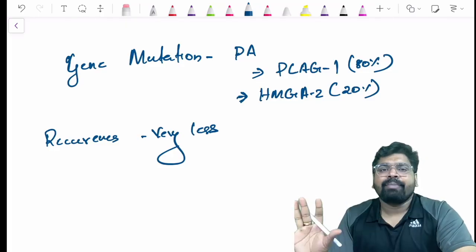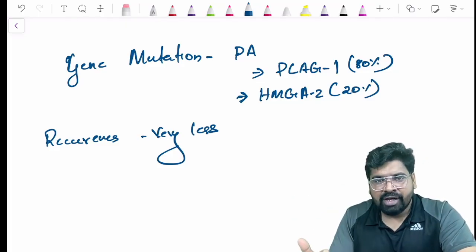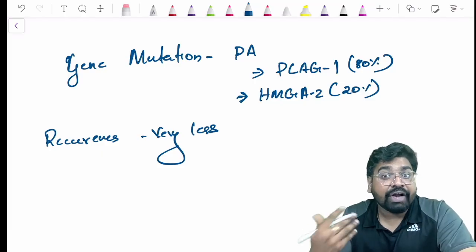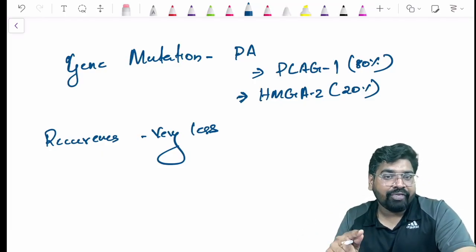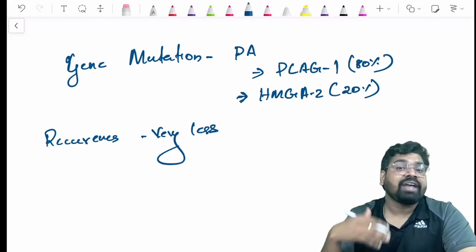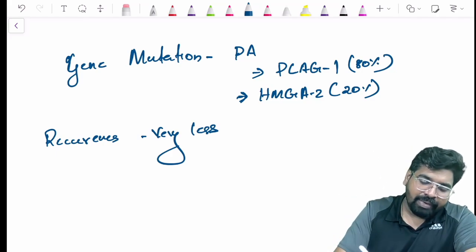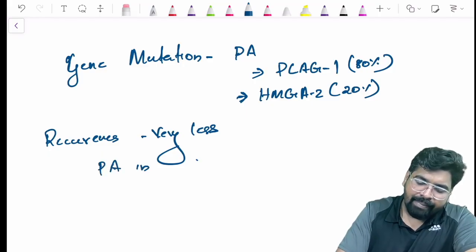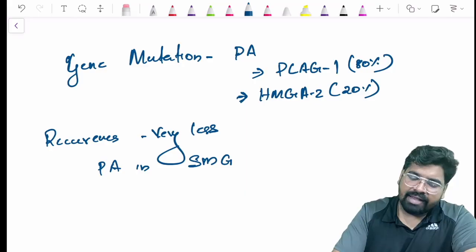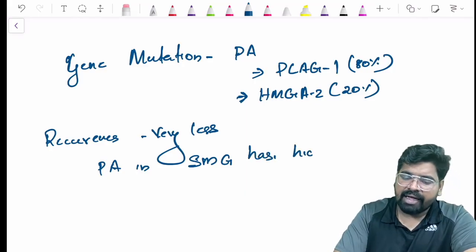They both had the same treatment. In which patient will it recur more? The patient who had a pleomorphic adenoma in the submandibular gland has a higher rate of recurrence.